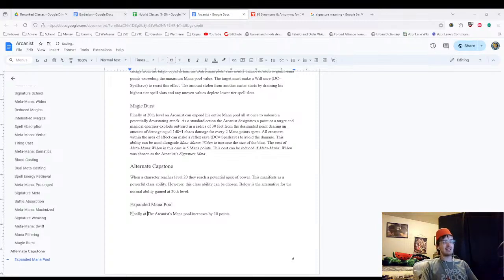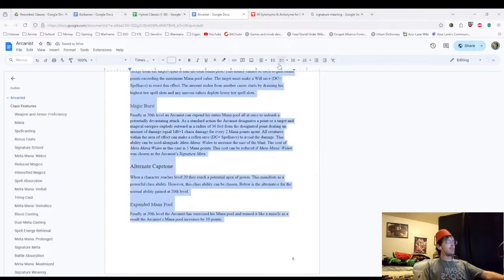I'll do the flavor text here. I gotta do the flavor text. Trained it like a muscle. As a result, the Arcanist mana pool increases by 10 points. Boom.